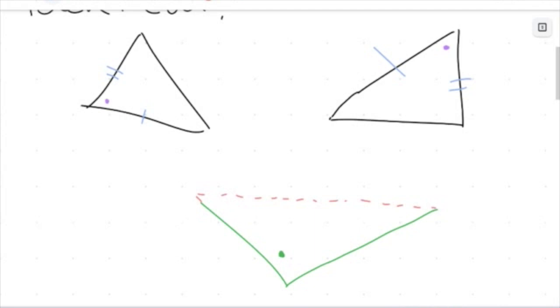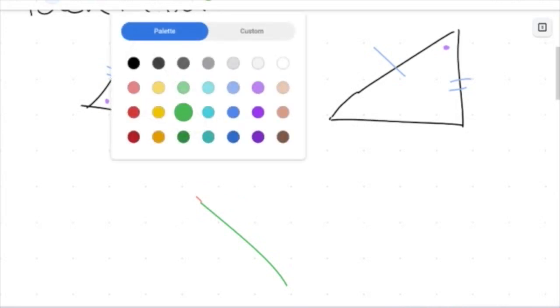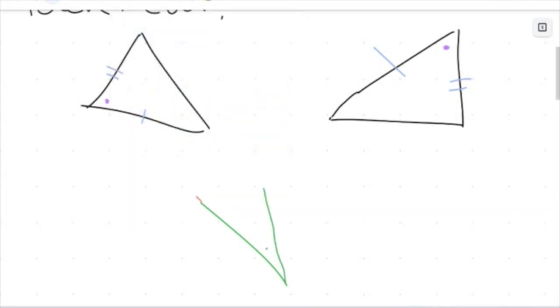As an angle gets bigger, the side opposite it of a triangle also gets bigger. Now, if that angle became smaller, what about here? Well, that side is going to get smaller as well. Now, we've established here that the size of an angle relates a lot to the length of the side opposite it.